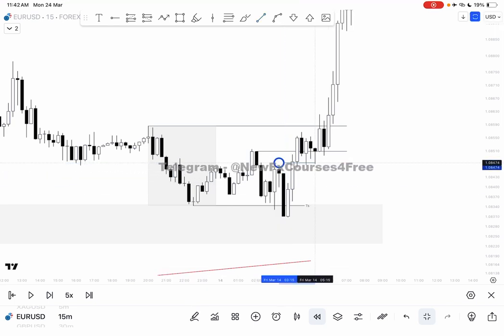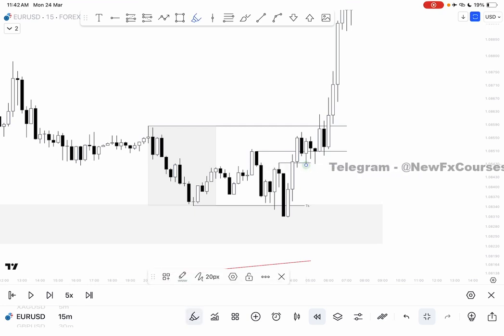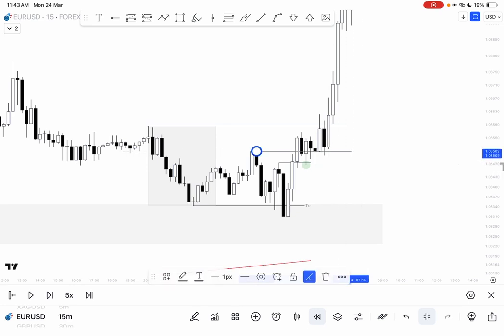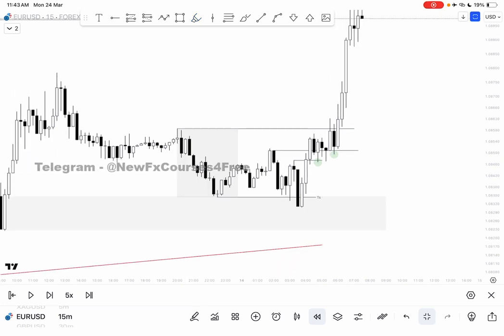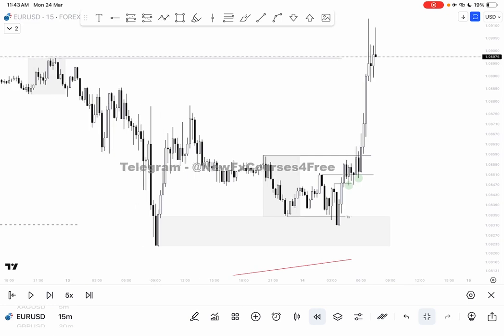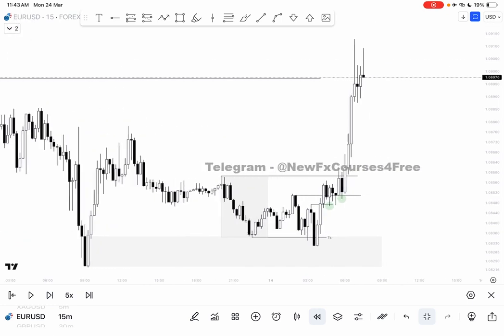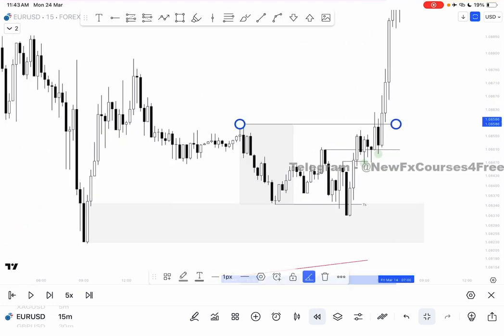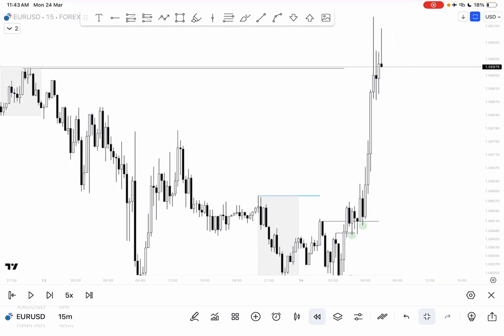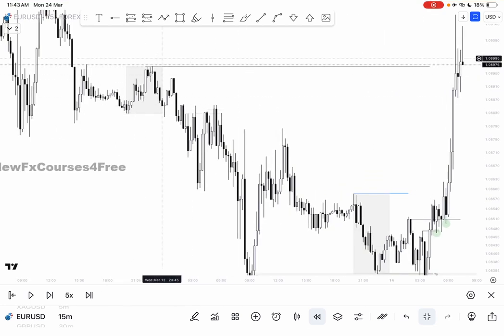So you got a retracement on the first tap of this here. That's your first buying opportunity, and you got your breaker block retracement over here. That's your second buying opportunity. Then before price expanded higher to first the Asian session high, then second the previous Asian session high.